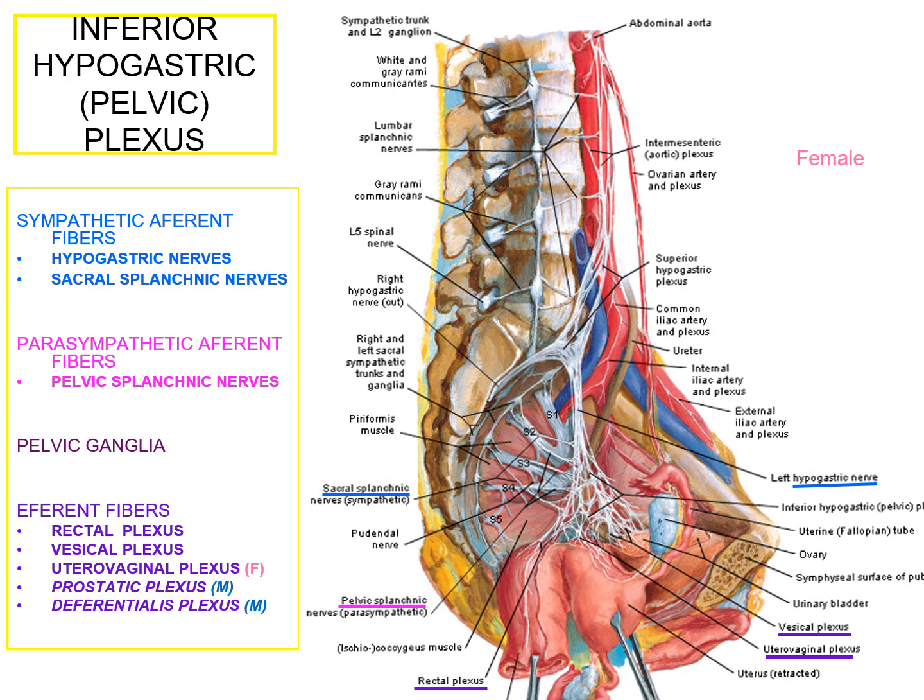Parasympathetic fibers are pelvic splanchnic nerves. Other components are rectal plexus, vesical plexus, uterovaginal plexus in females, prostatic plexus in males, and deferentialis plexus also in males.